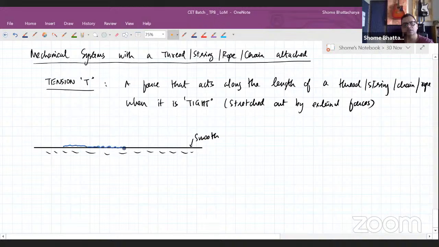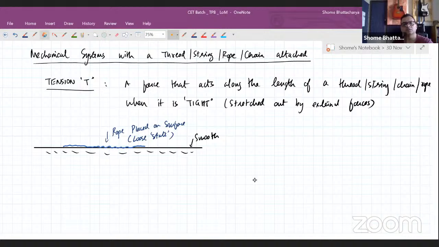So it's kind of bundled up like this. So this is a rope placed on the surface. So this is right now in a loose state. So it has no tension.